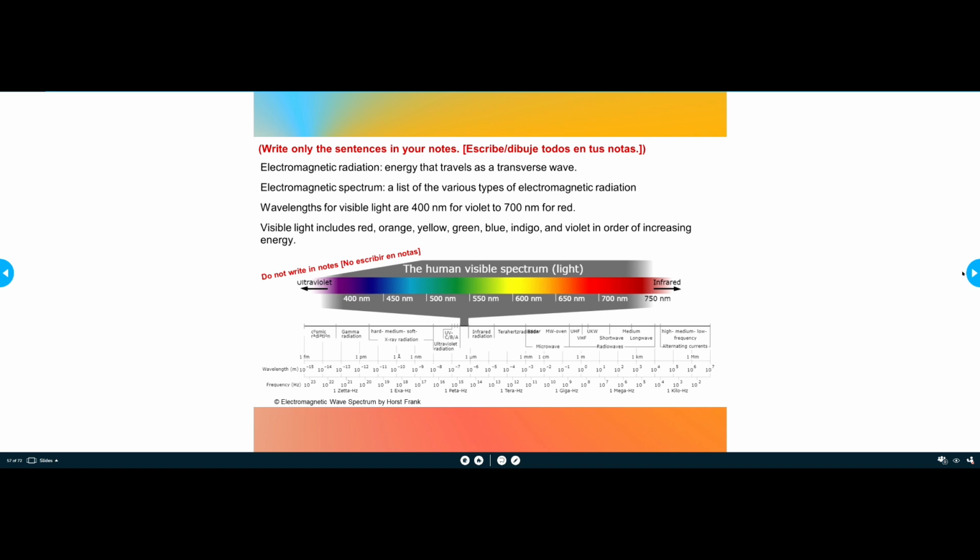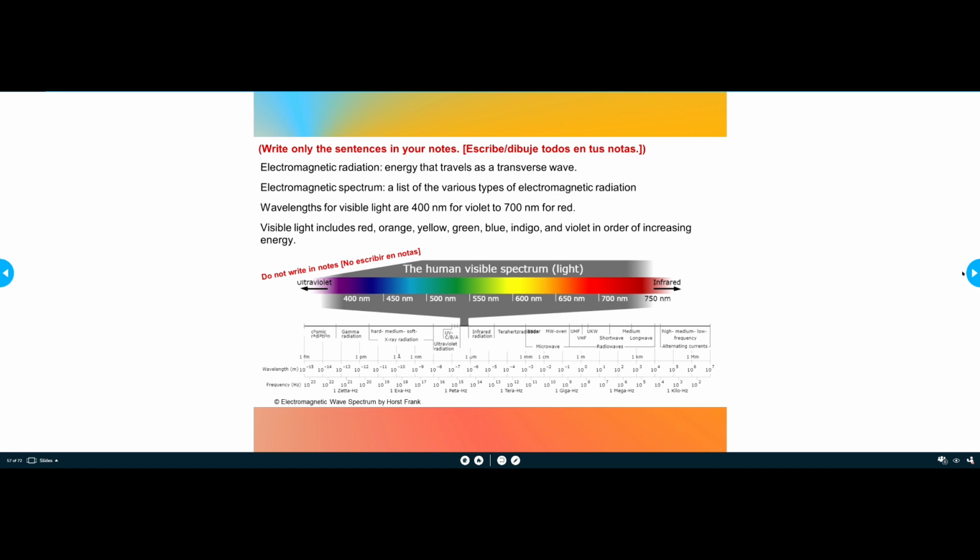Let's go through some of these examples. The electromagnetic spectrum in this particular picture shows us in order from highest energy or smallest wavelength or largest frequency through the smallest energy, largest wavelength, or smallest frequency.